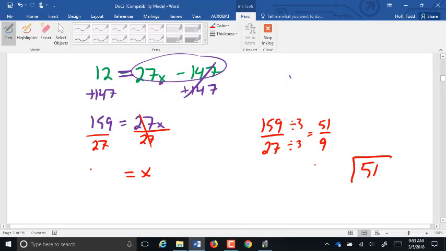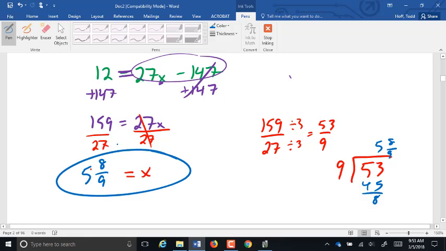Should be 53 over 9. That's why. 53 over 9. So then we've got to put, I'm just all full of little errors here. 53 divided by 9 goes in there 5 times. That's 45 with 8 left over. So there's 5 and 8 ninths that we get.